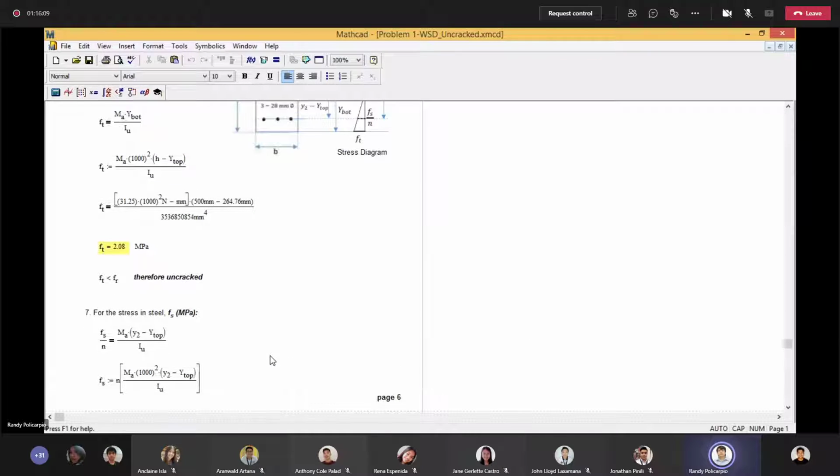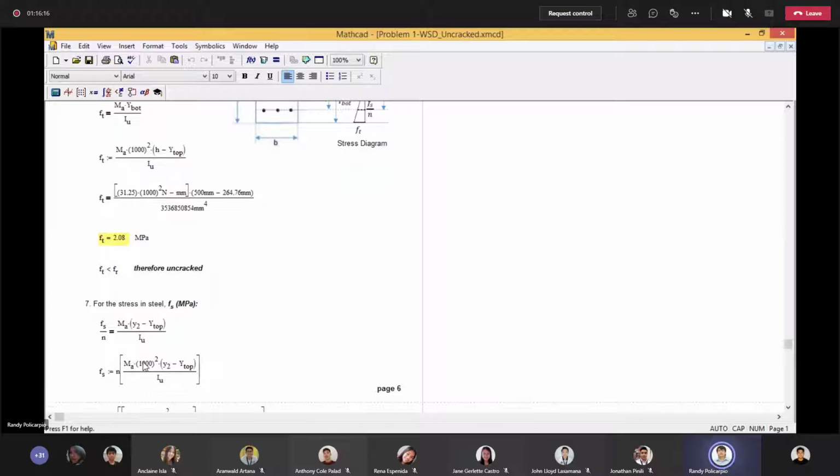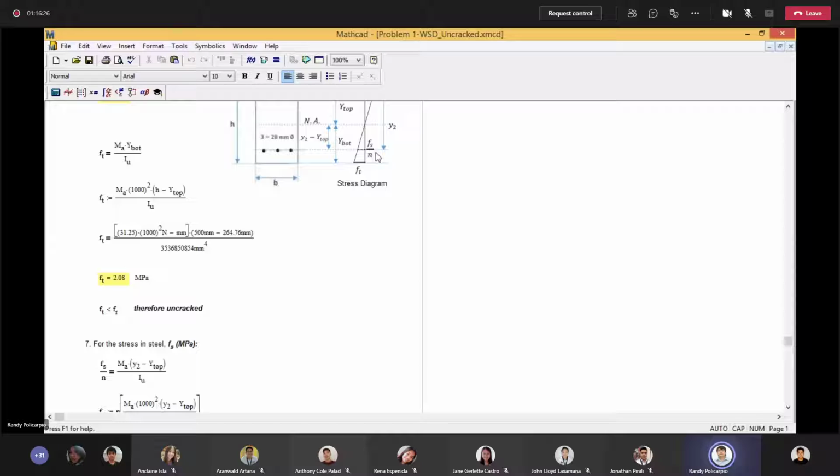Okay, how about the stresses in the steel? The stresses in the steel, since the moment of inertia is based on the transformed section, our stress in the steel will be divided by N, no?